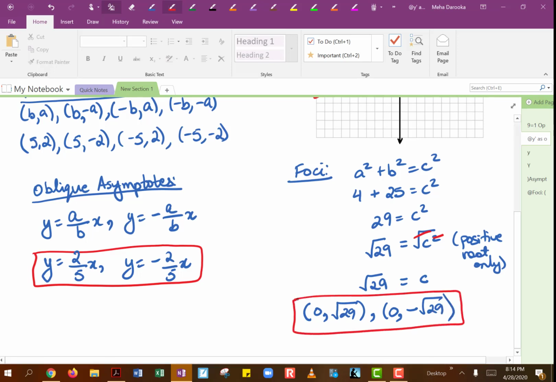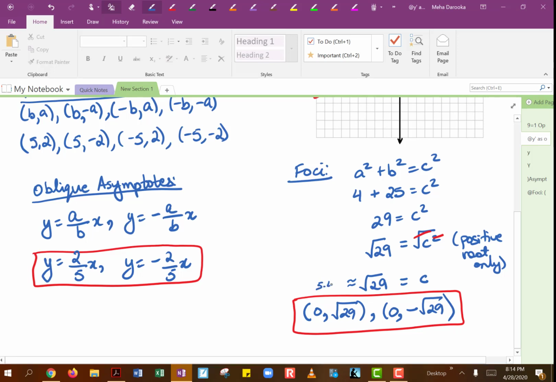So again, foci, oblique asymptotes, and the graph is what they were asking. Now let's see approximately where square root of 29 is going to fall on our graph. So this comes out to be approximately 5.4.